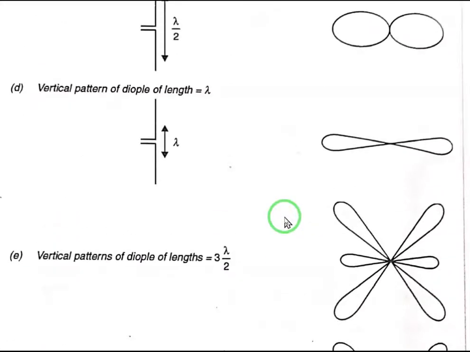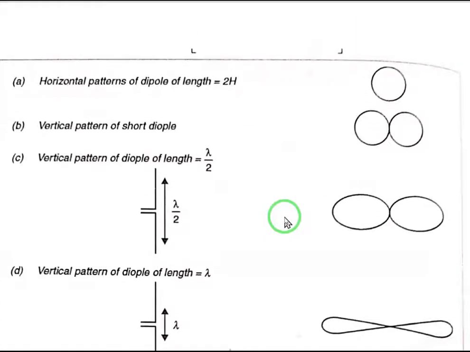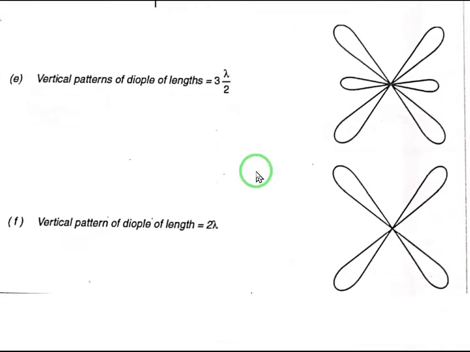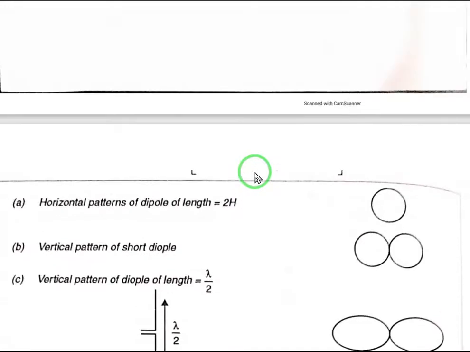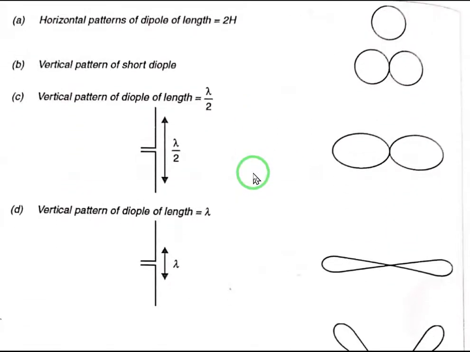So these are the universal field strength patterns of the standard dipole lengths, which define different shapes.